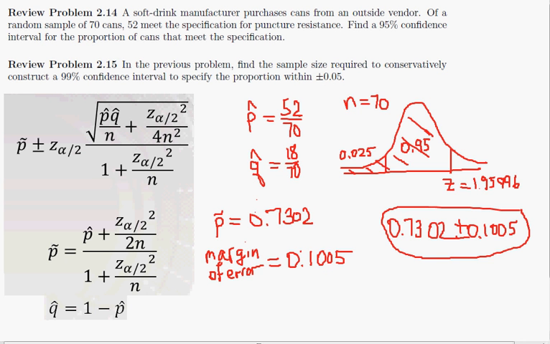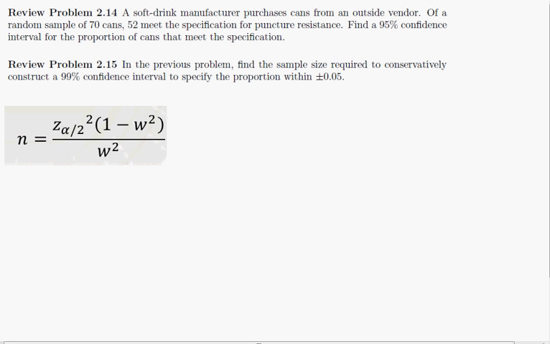N is equal to z squared times 1 minus w squared over w squared, where w is the width of the confidence interval, and z is, of course, the z value you need. This is a conservative estimate for the value of n, meaning this is kind of the worst case scenario, depending on whatever the actual value of p hat actually is.